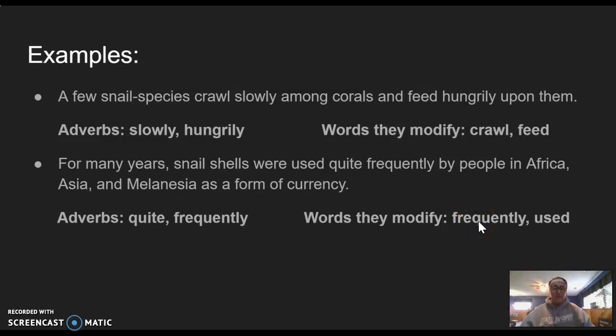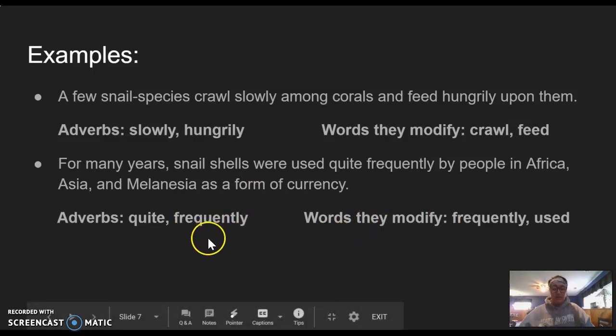So, quite frequently. That's a very specific two-word combination of adverbs to describe how they are used. Frequently is directly modifying the verb used. Frequently used.